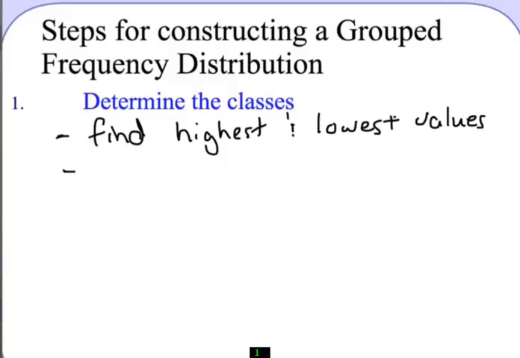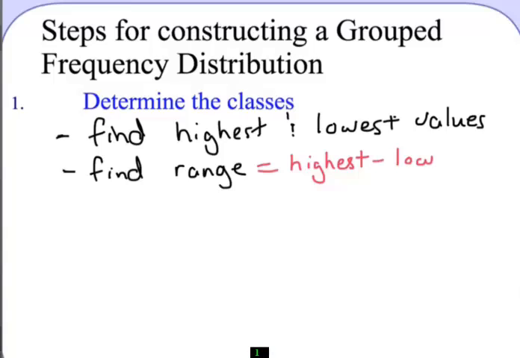Once I do that, I'm going to find the range, and remember that the range is the highest number minus the lowest number. So that's equal to the highest minus the lowest.